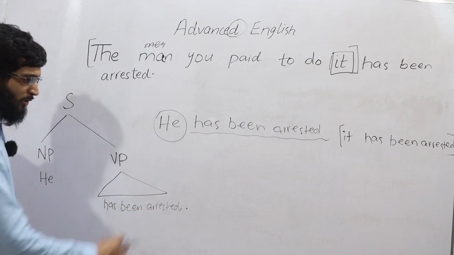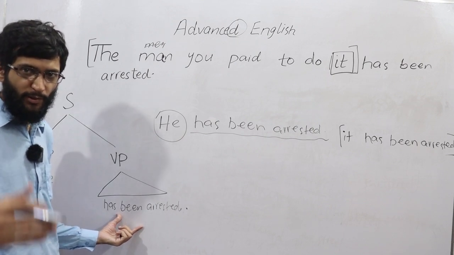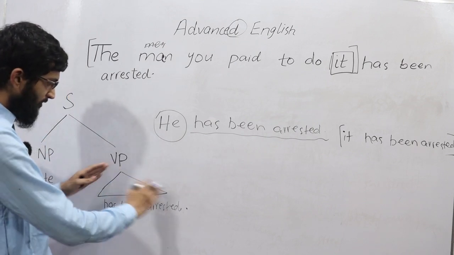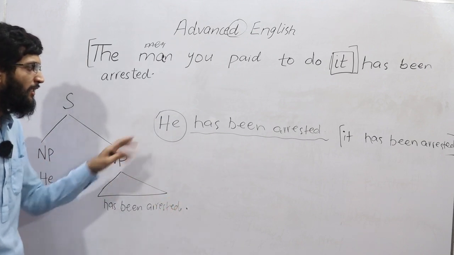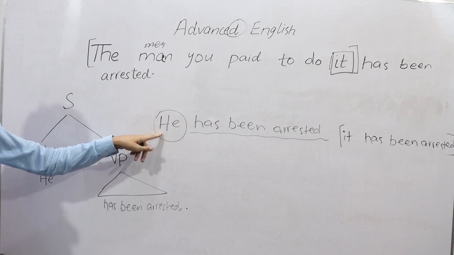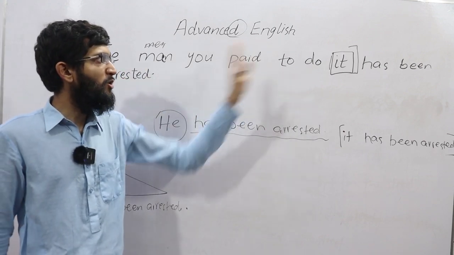In linguistics or in syntax, we have different tree diagrams, but for your understanding, I have taken it as a whole. Has been arrested is a verb phrase. So this is the noun phrase, and we have replaced this noun phrase with he, the man you paid to do it.